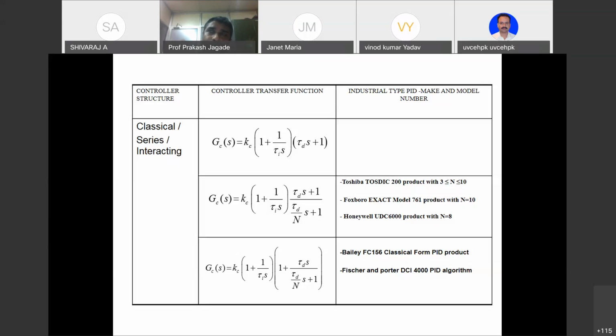If there are 3 parameters that you want to properly select, then you need 3 equations. So the specifications you have to properly select: number of equations versus number of parameters. That is more important, otherwise you will get multiple solutions. Specification is very, very important.